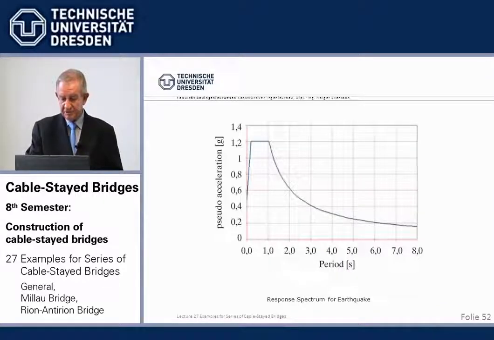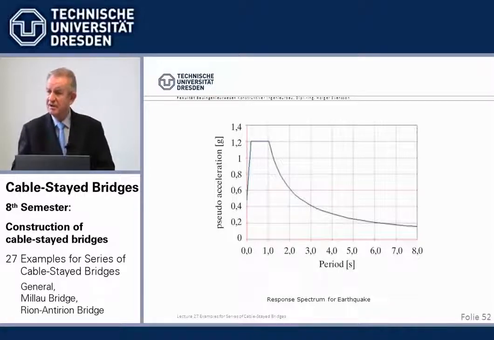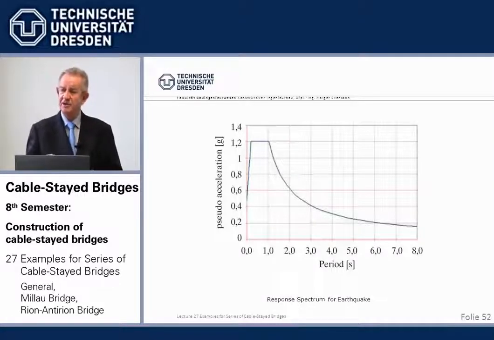Now, briefly, earthquake. Your followers will have, with dynamics, a little additional lecture on earthquake. We've amended that. Basically, when we talk about earthquake, we always have that response spectrum. Well, what's a response spectrum in earthquake? On one hand, we assume or measure or take from somewhere a certain run of accelerations of an earthquake.